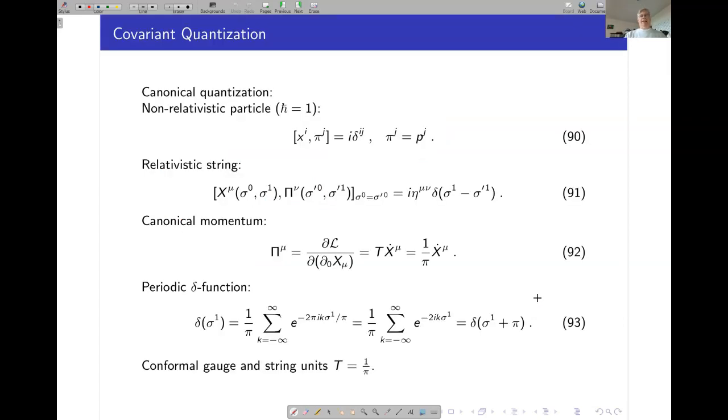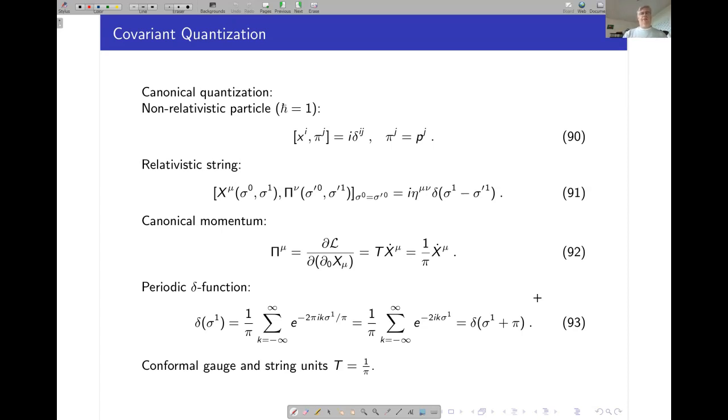Good. Now to end this part 2, which is our introduction to the relativistic string, I would like to give you a schematic outline of how we have to set up the quantum theory. What we'll then do is we will have 2 further parts where we look into conformal field theory and where we will develop the tools which help us to solve certain problems that we encounter when we try to quantize a relativistic string.